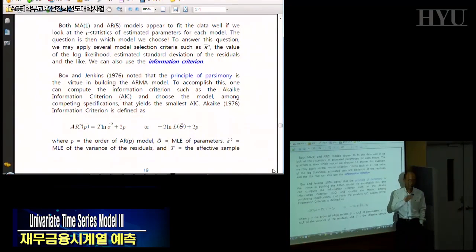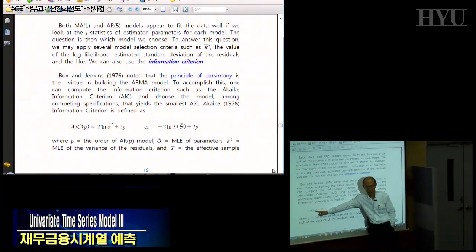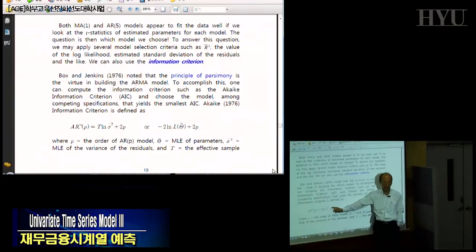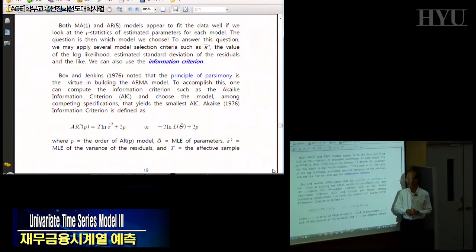If you're familiar with the log likelihood function, a similar effect could be found from calculating the log likelihood under your parameter estimate, say from the AR(P) model, and multiplying by minus 2, and the second term is the same. So if you are comparing, let's say, AR(1) and AR(2), by fitting AR(1), you can calculate this function.